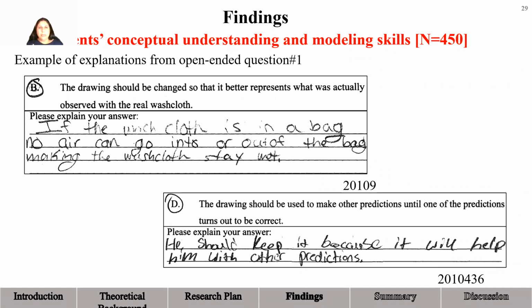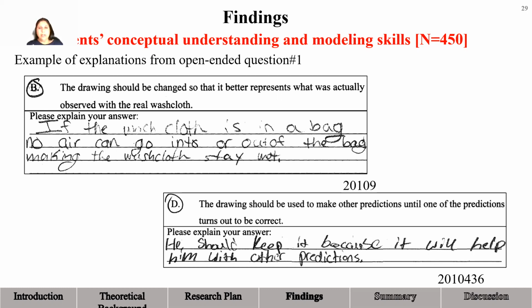In this slide, I'm showing findings regarding students' conceptual understanding and modeling skill. Examples of explanations from open-ended question 1: a student who chose option B explained that if the washcloth is in a bag, no air can go into or out of the bag, making the washcloth stay wet.